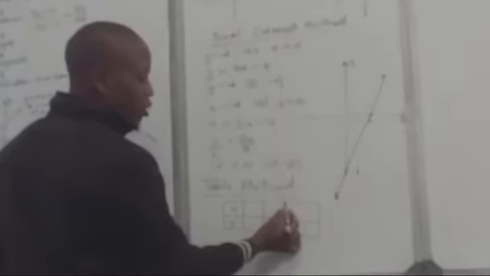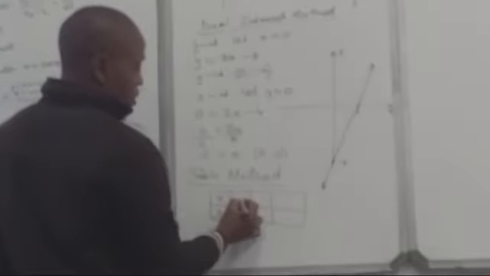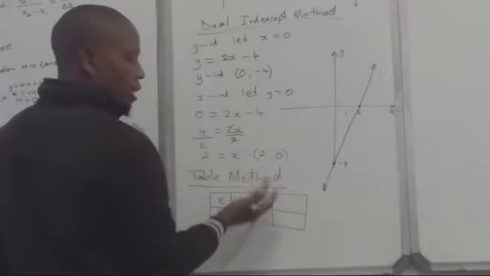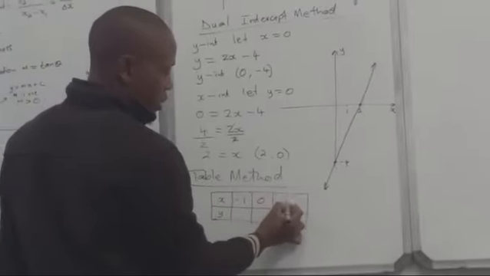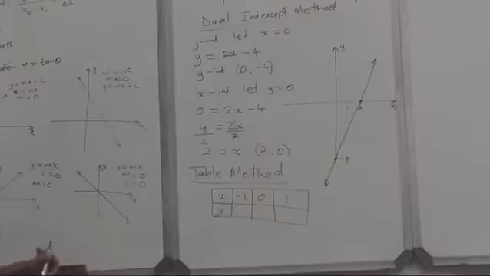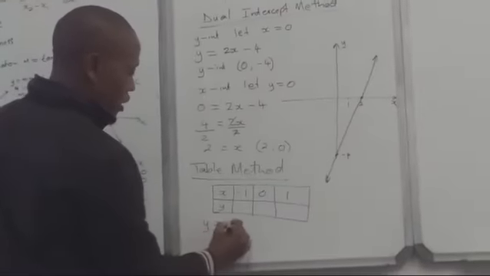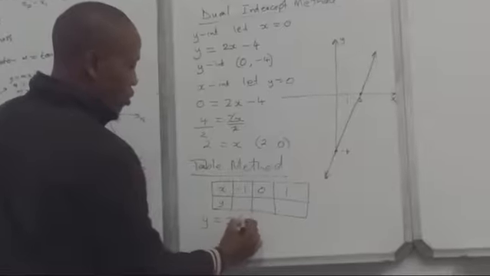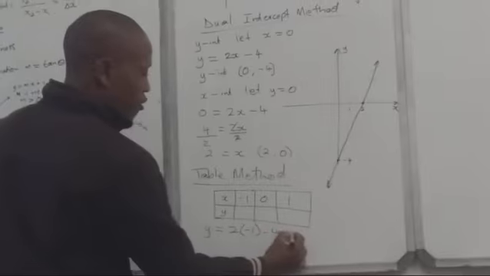And preferably, you don't have to give yourself many points, okay? So give yourself -1, at least a point before 0, a 0, and a point after 0, all right? And then you can substitute in your equation, which is y = 2x - 4.